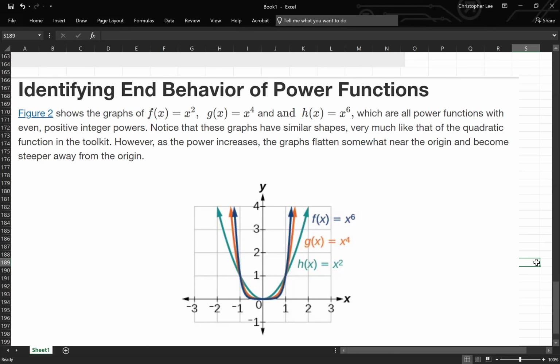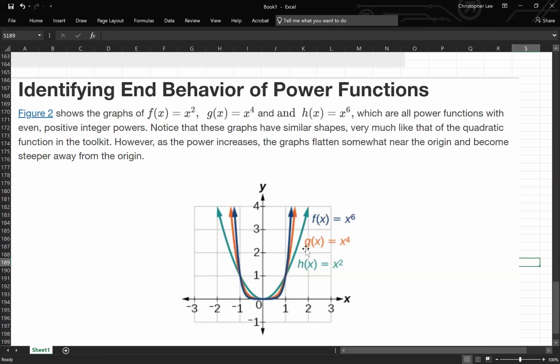Notice that these graphs have similar shapes, very much like that of the quadratic function in our toolkit. However, as power increases, the graph flattens somewhat near the origin and becomes steeper away from the origin. So you see our original function, which is the turquoise, that's the x squared.